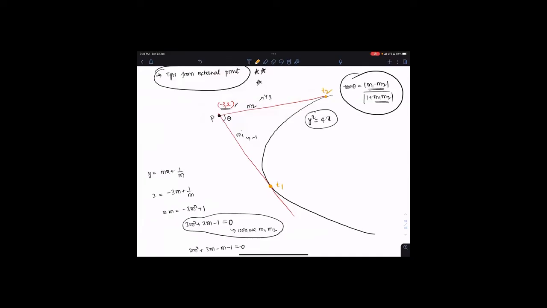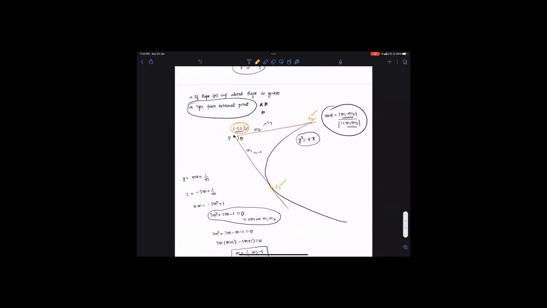Because from parametric form, you will learn that every point on the parabola will have some parameter, 1, 2, 3, whatever it may be. Now, if you substitute this point in the parametric form of tangent, you will get these parameters of the touching points.